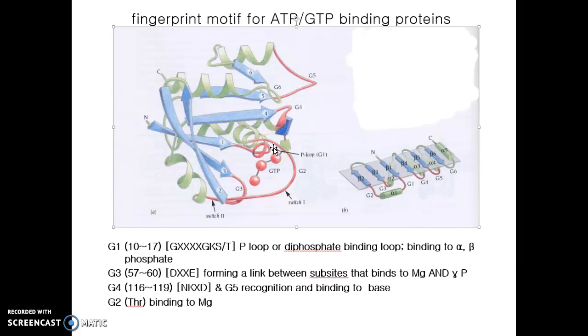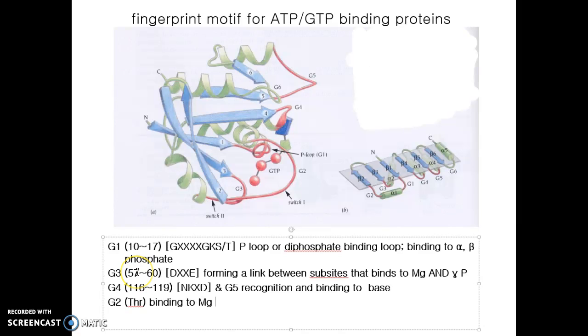Basically there are 5 loops, G1 to G5, together with the GDP bound. All small GTP binding proteins and the G alpha subunit of trimeric G proteins have highly conserved amino acid sequences in 3 loops, G1, G3, and G4.